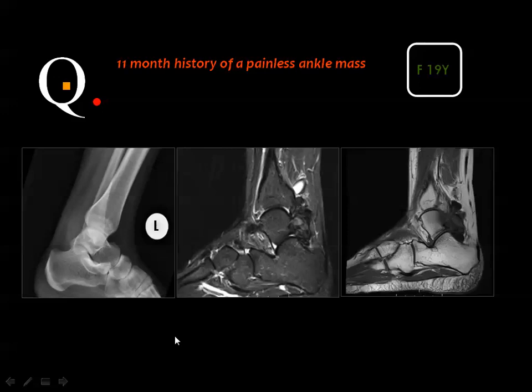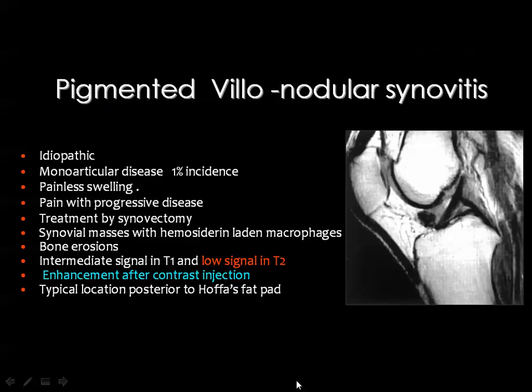MRI. Pigmented villonodular synovitis. There is low signal lesions within the posterior and anterior aspect of the ankle joint, and this is pigmented villonodular synovitis. This is the classic appearance or the classic site of pigmented villonodular synovitis in the knee.